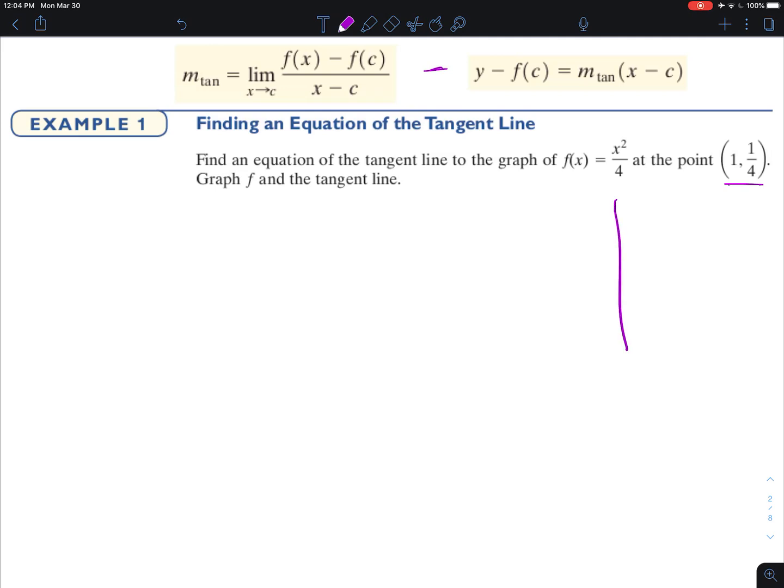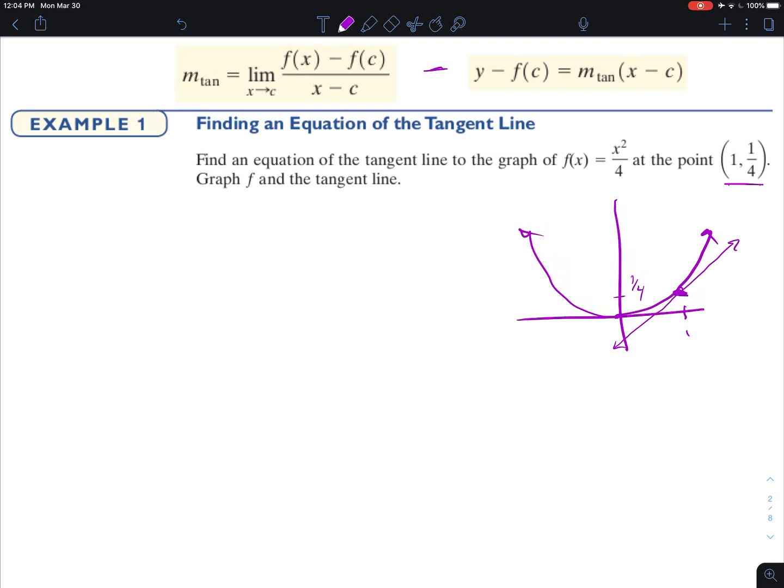So maybe in our mind's eye we're thinking, okay, 1/4 x squared kind of looks like this. And the point 1, 1/4 exists right there. And so what we're looking for is the equation of this tangent line at that point.